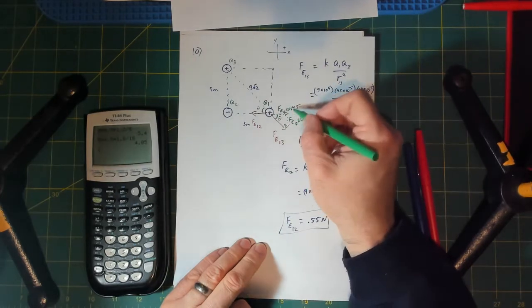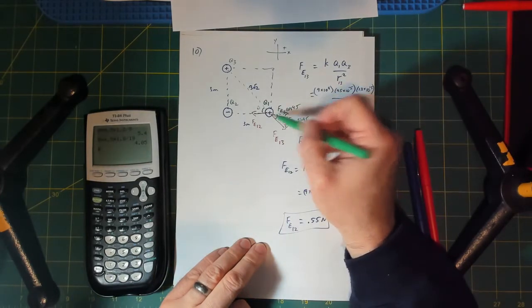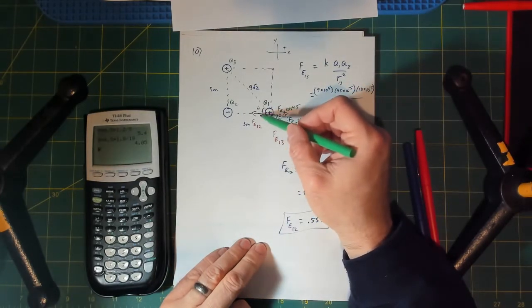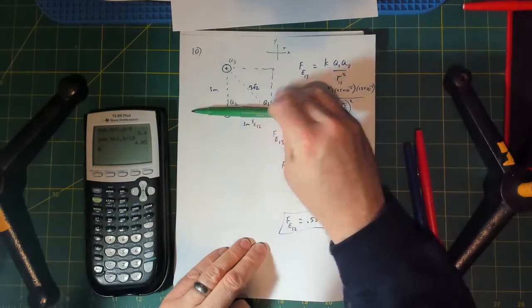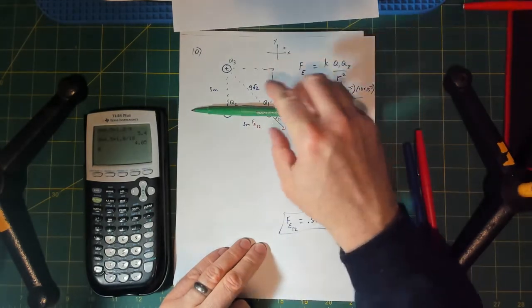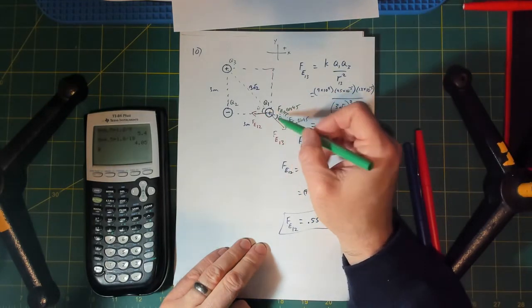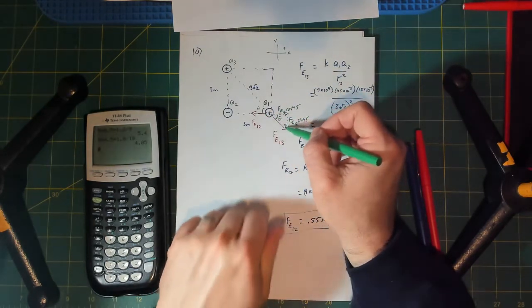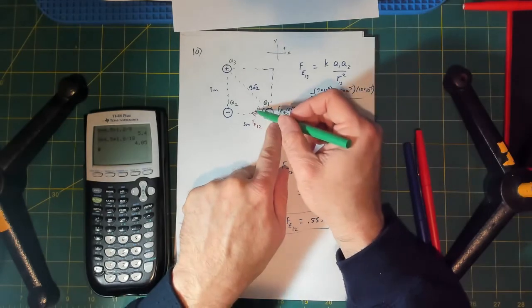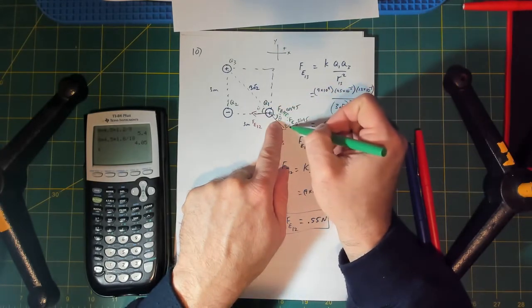But there we go. So I'm replacing this arrow with these. What about this one? Do I have to split this one into components? No, it's already going along the x-axis. You don't have to break it into components at all. So instead of adding these two red arrows, I'm going to replace this one by components, and I'm going to add these three arrows together.